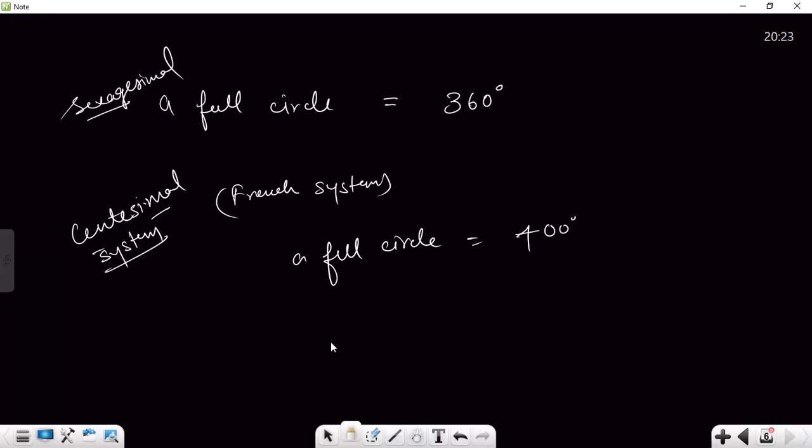So here, the 1 minute, 1 by 100. Now, this is not called 400 degrees. This is referred to as 400 grades. Now, 1 by 100 grade is called a minute.